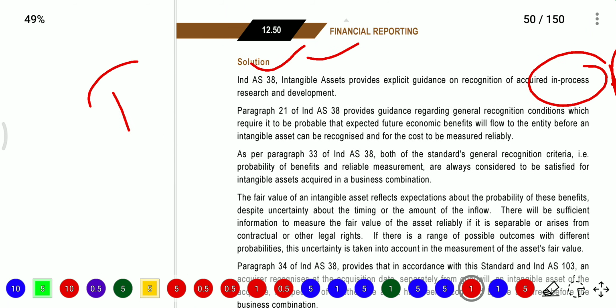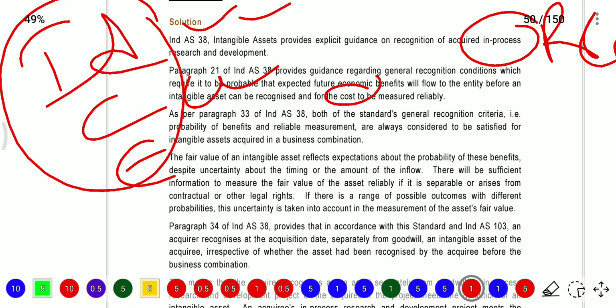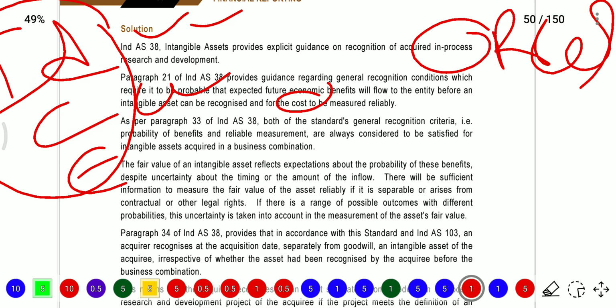One, it is identifiable. Another, cost can be measured reliably. Another, future economic benefit is probable. When these three conditions are satisfied, then only we need to recognize the intangible asset in the books of account.